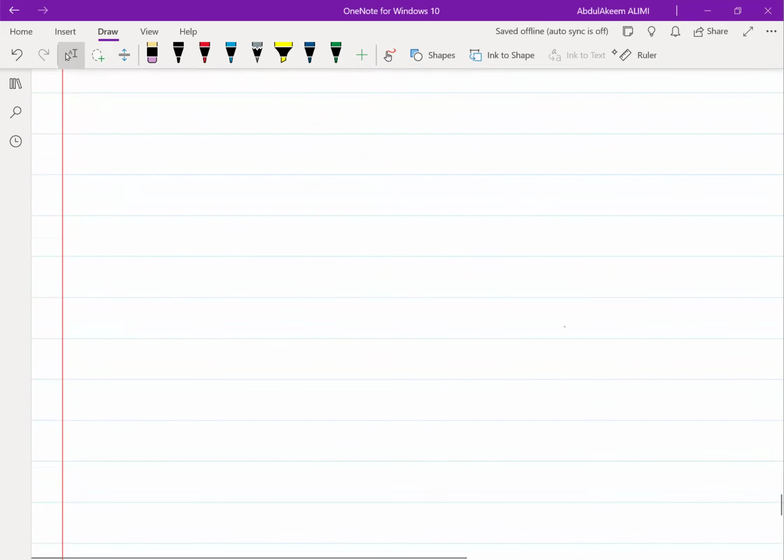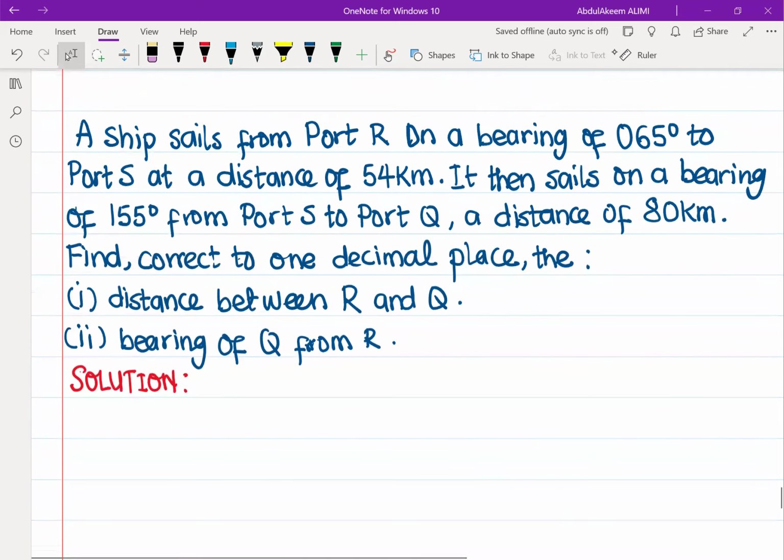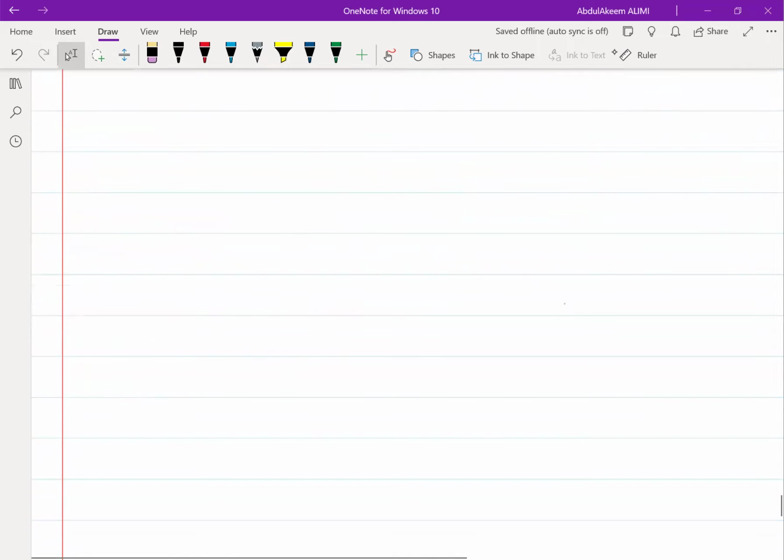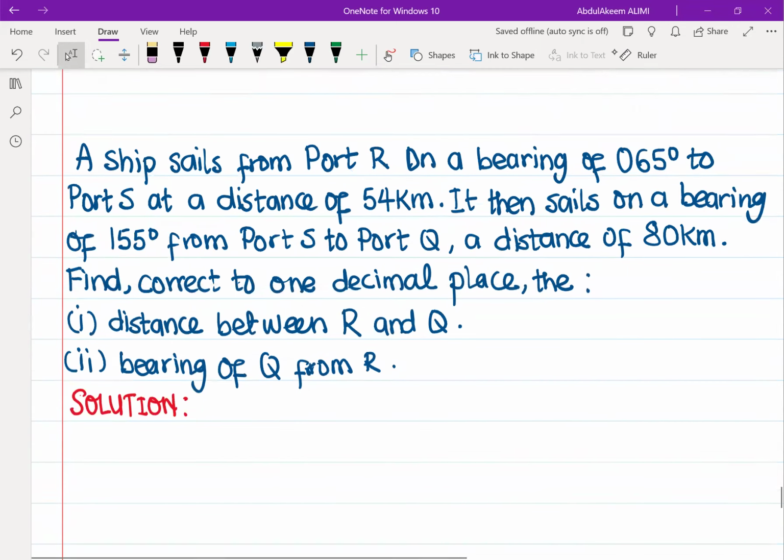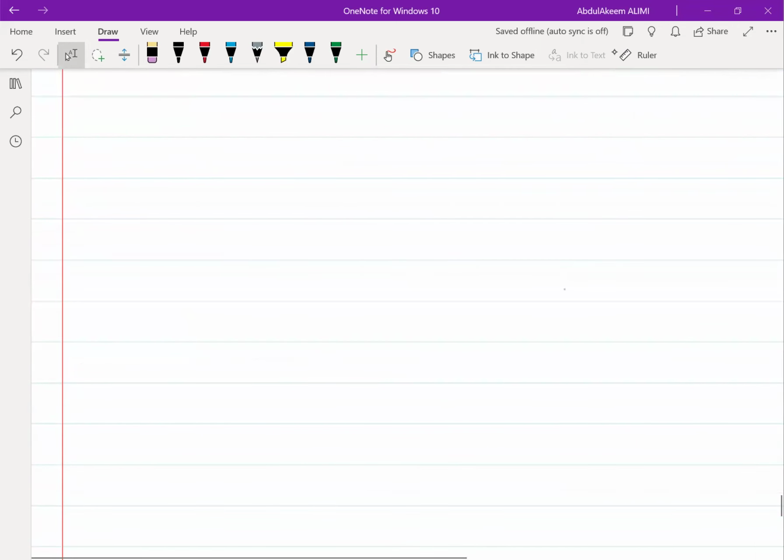So let's solve this. For the basic thing under bearing and distance, it is the cardinal points. For this first one, we talk about point R. That is the starting point for this particular question. It said on a bearing from point R to point S of 065 degrees.